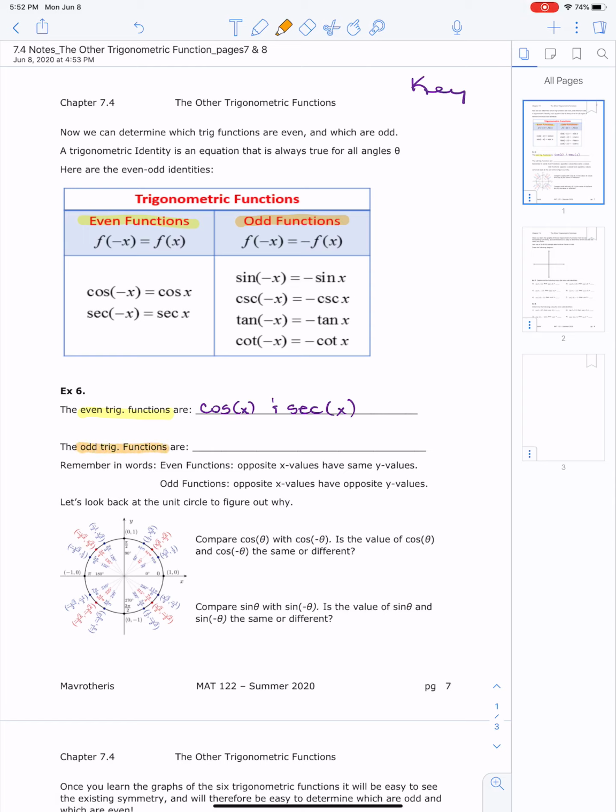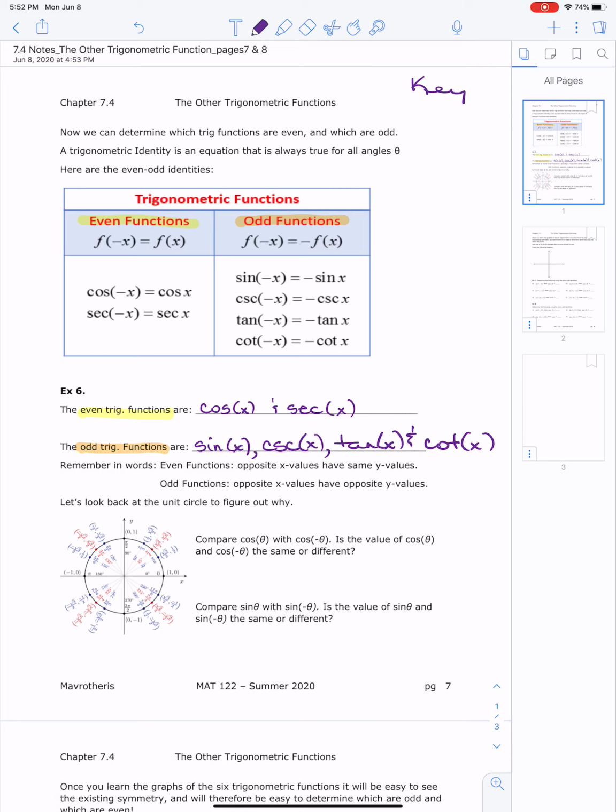Everything else is odd. Okay, so our odd functions are sine, 1 over sine, which is cosecant, tangent, which is sine over cosine, and that's odd because of the sine part, and also cotangent.